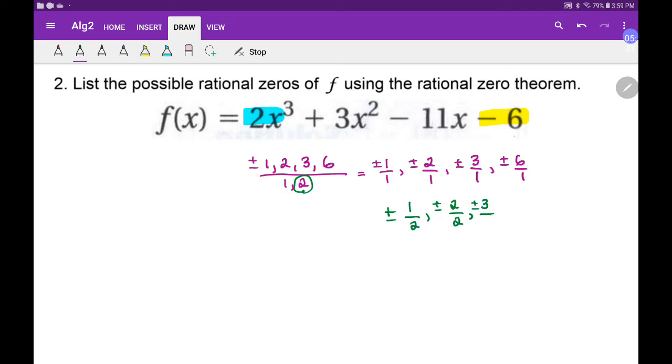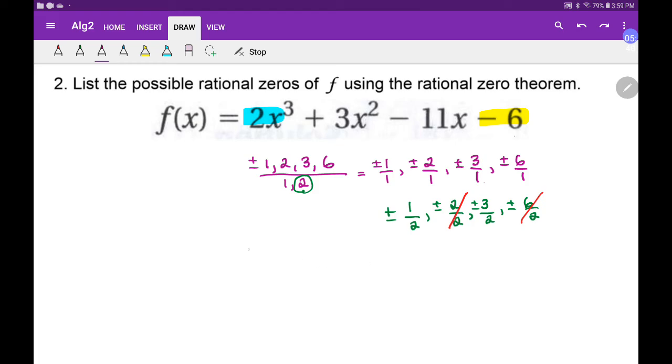Plus or minus 3 over 2, and plus or minus 6 over 2. And we'd say, hey, there's a little bit of repetition here. Don't need another 1, and I don't need another 3, because 6 over 3, that's really 3, right? And I already have a 3. So we throw out those last 2. Okay, so I can simplify this.